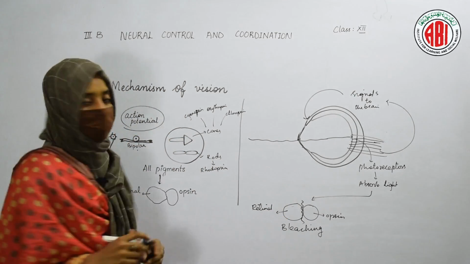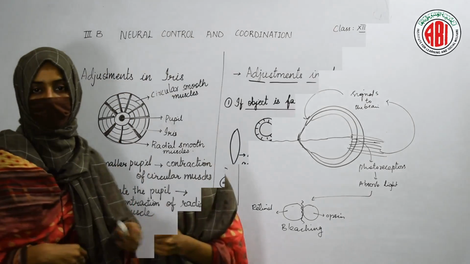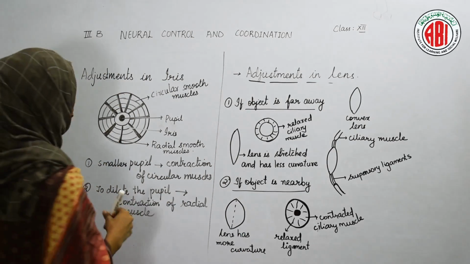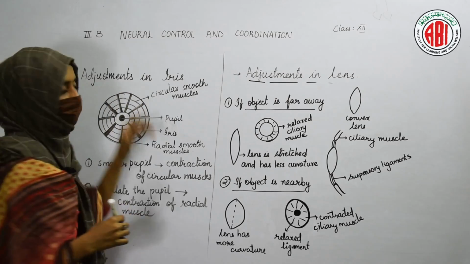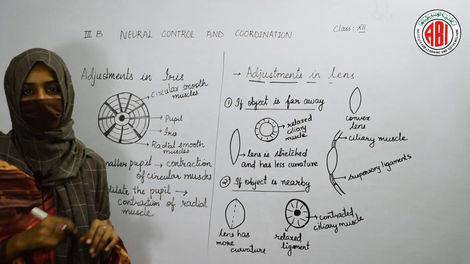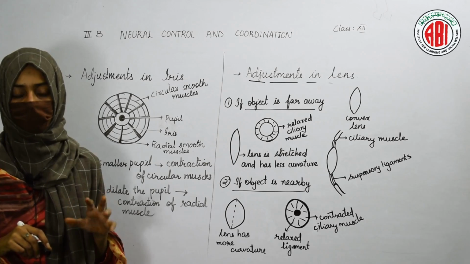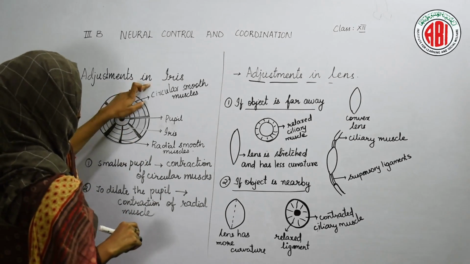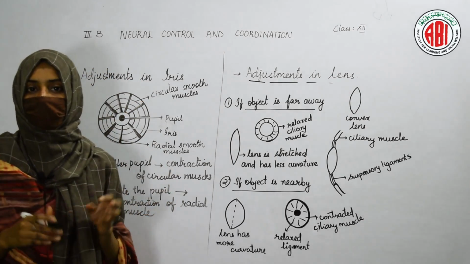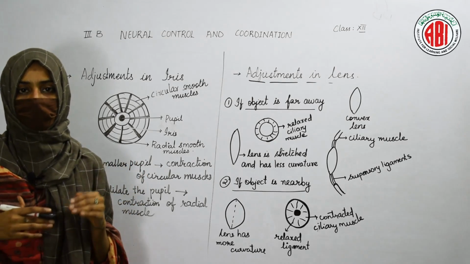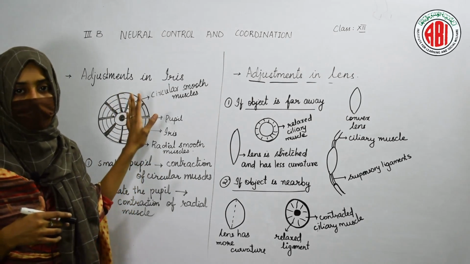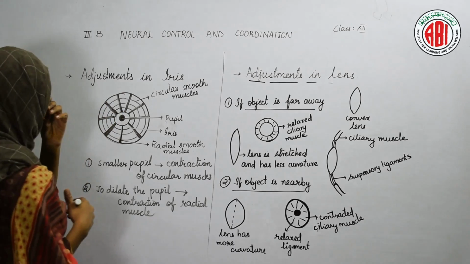So, this is about the mechanism of vision. Let us move to the next topic, and our next topic is adjustments in the iris. We know that the colored ball that is seen from outside is called the iris. So, what happens to the iris due to the visualization of different objects? Let us see that.